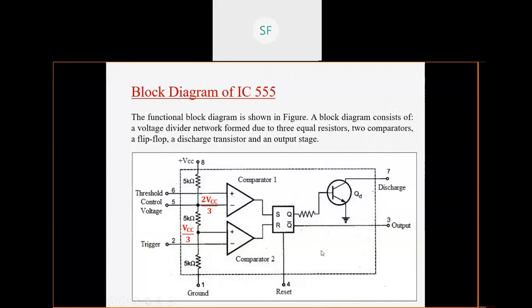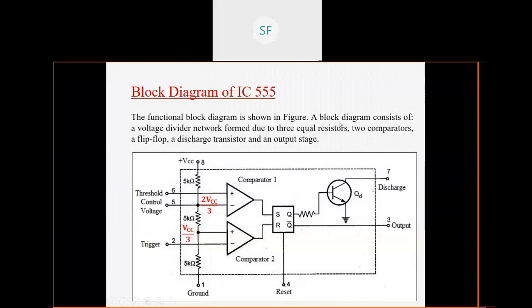In today's discussion, you should thoroughly get familiar with this structure. This is the only objective of today's discussion, that you should be familiar with this functional block diagram. You have to be very attentive throughout the lecture, because further, while discussing astable multivibrator or monostable multivibrator, this circuit diagram will again come into the picture.